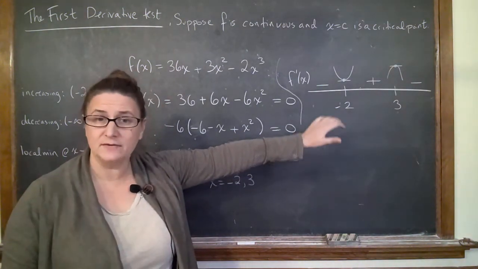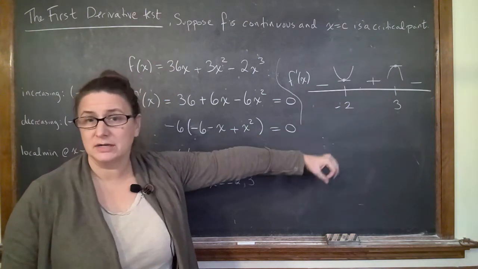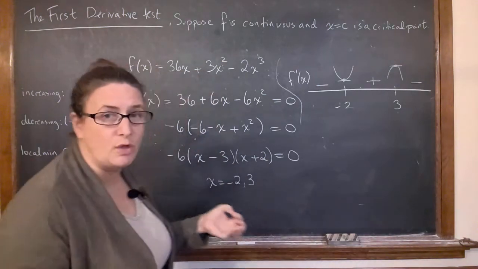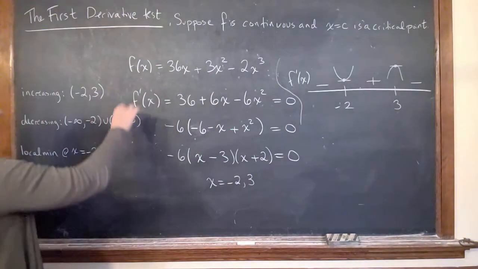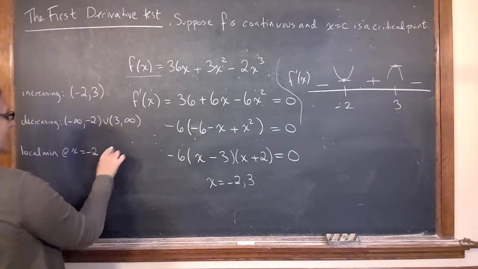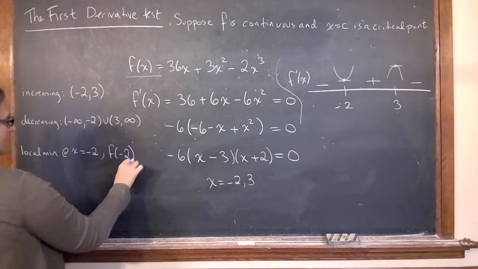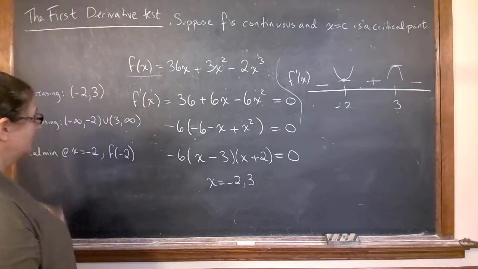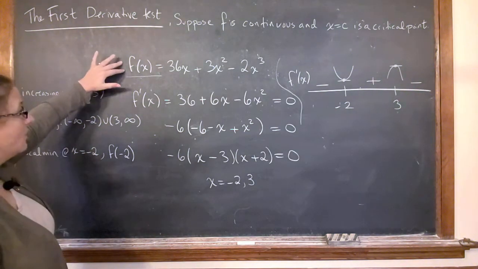To find the value, which gives me the local minimum point on my graph, I have to go back to my original function and find out what f of -2 is. The minimum value is always the y value.